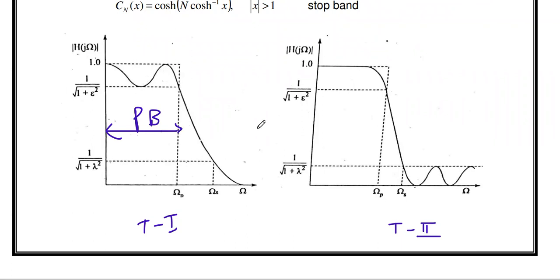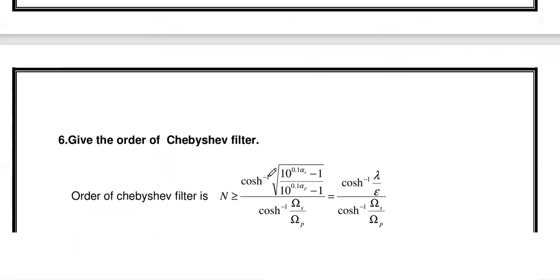Then in stop band, it monotonically decreases. In type 2, in pass band, it is constant. In stop band, we are having some equiripples. So here in pass band, equiripple is available. Here in stop band, equiripple is available. So this is the response of the Chebyshev filter.